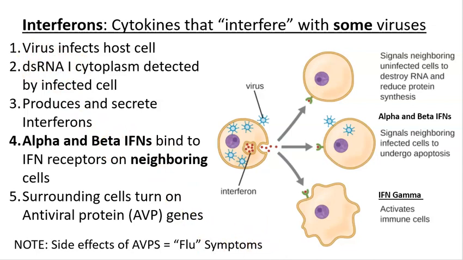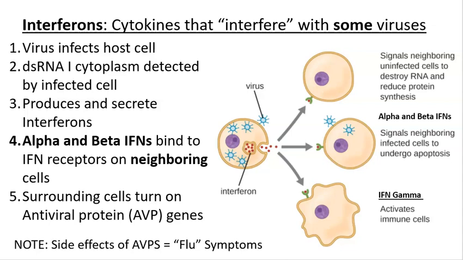So that is kind of an interesting thing when we look at that's going to turn on some antiviral genes. This can also cause neighboring cells to basically commit suicide. So even if the virus does get in there, that cell is going to kill itself before the virus can replicate.